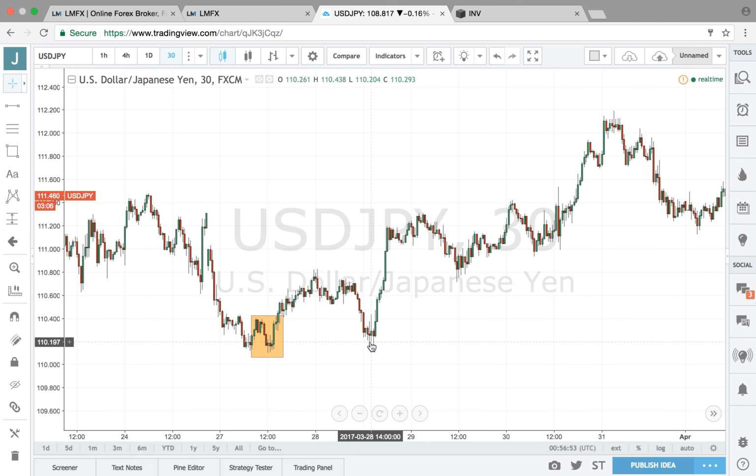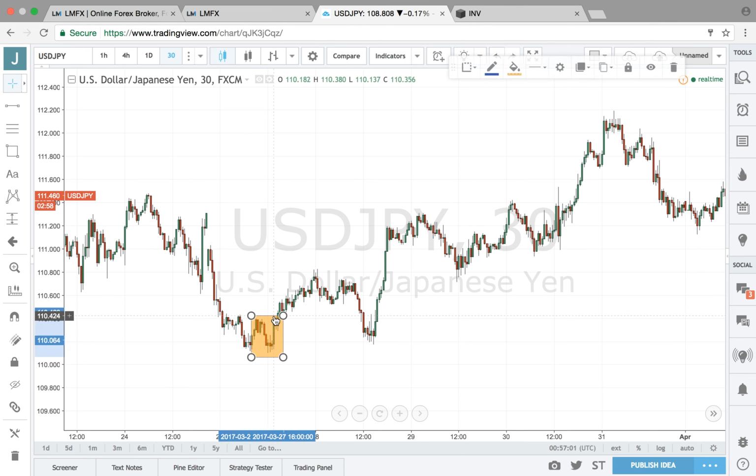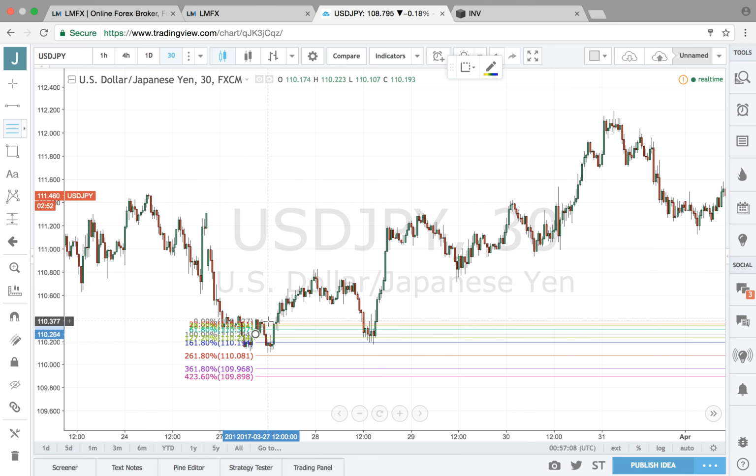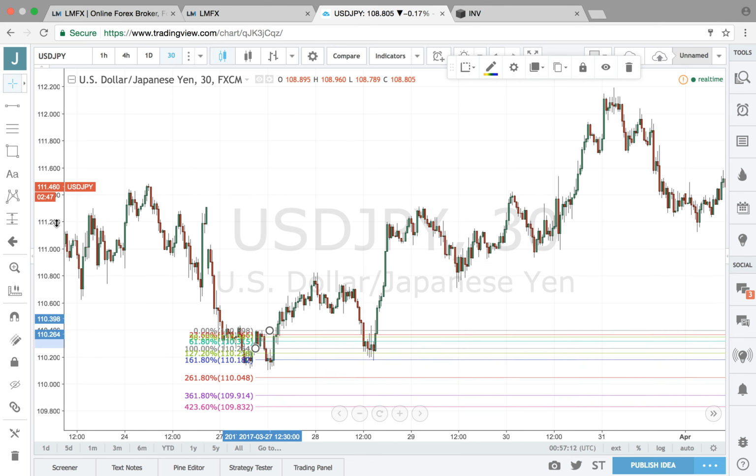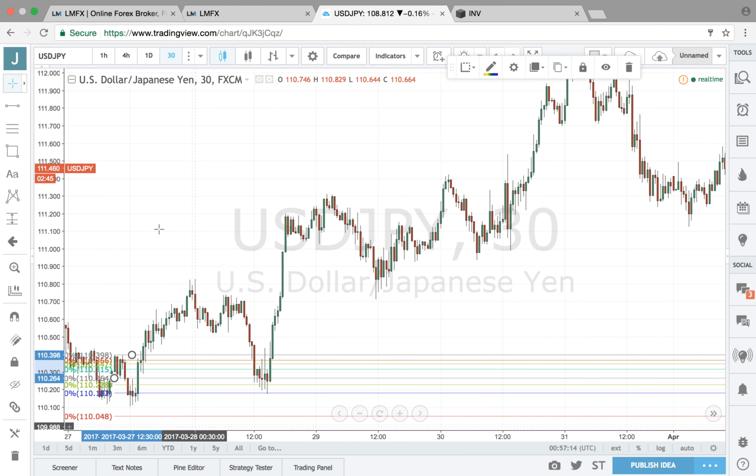So these are what I'm looking for whenever I'm getting into entries: wicks on the 15-minute, 30-minute, hour into extension levels. But so this one, it broke past this swing low right here. Zoom in so you can see a little bit better.